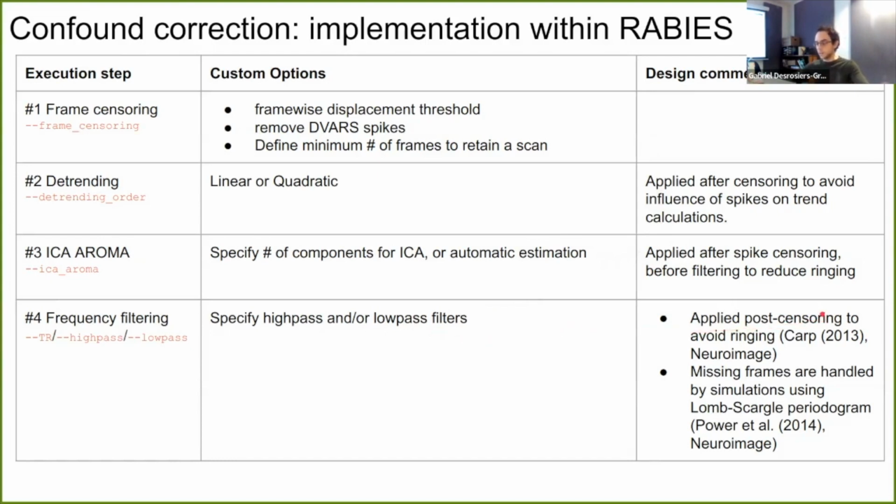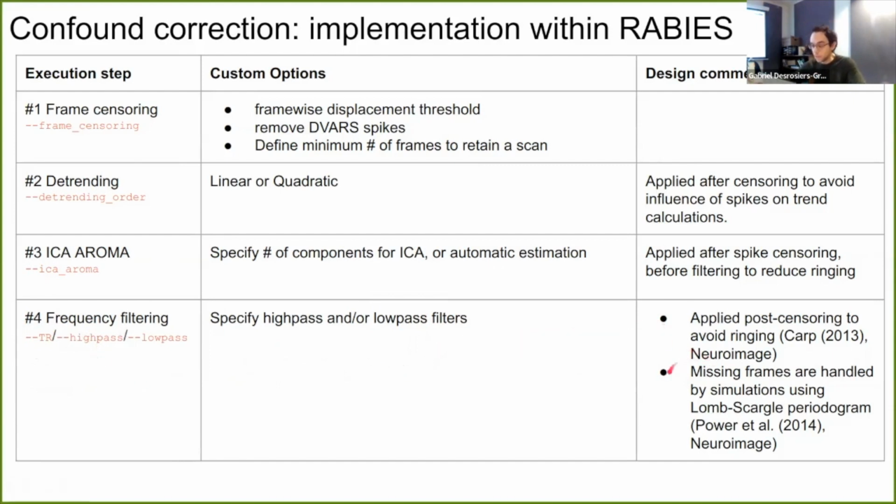And in fact, it's been documented that they can introduce some ringing into your time series if there's too many spikes. So that's why removing all of them before filtering can be pretty important. At the filtering step, you can specify essentially at which frequencies you want your high pass or low pass. And also importantly, you need to specify your repetition time because the filters are computed based on that.